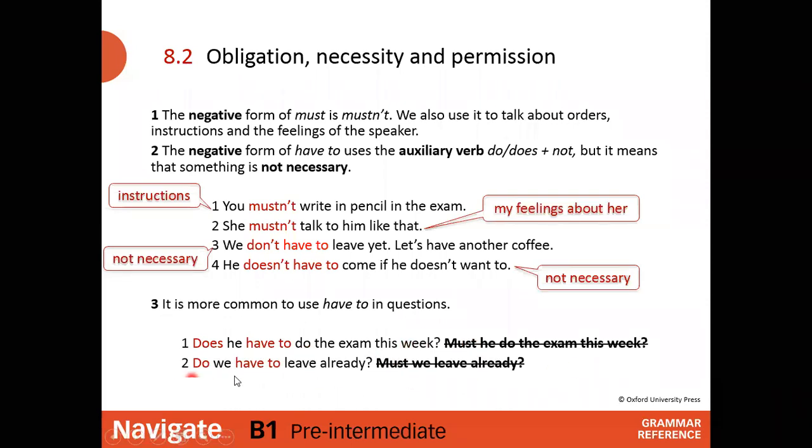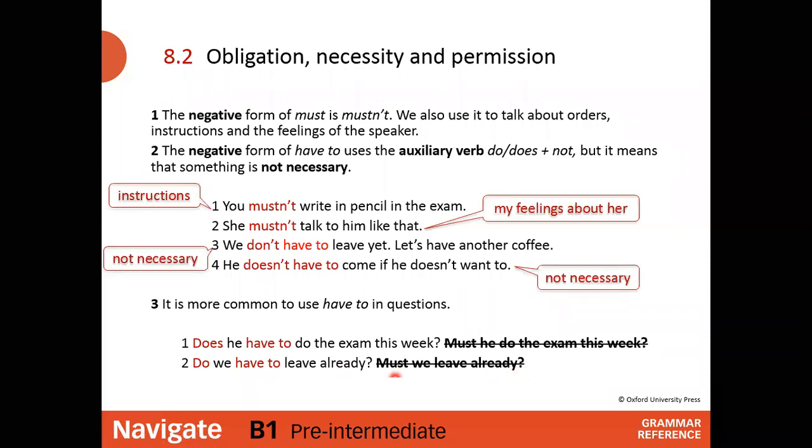And the next example, do we have to leave already? So must we leave already? No, it doesn't sound good and it's not natural. They usually say, do we have to leave already? Must is not used in question form. Pay attention to my pronunciation.